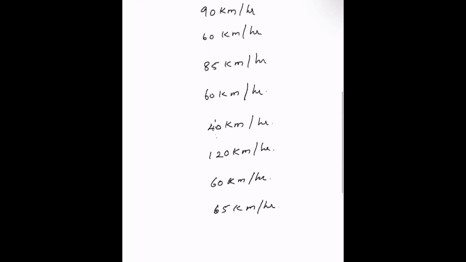See, one person is traveling at 90 kilometers per hour, but if you look at it, most people have followed the 60 to 65 kilometers per hour range. Very few people have decided to travel very fast and some have traveled very slow.